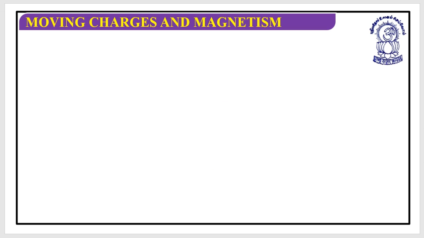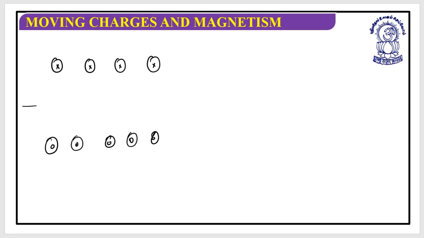Now let's understand mu naught Ni very carefully. Let's suppose and consider that this is my solenoid. From here the current is moving inside the plane, and from here the current is moving outside the plane. So this is the axis of the cylinder, the axis of the solenoid.